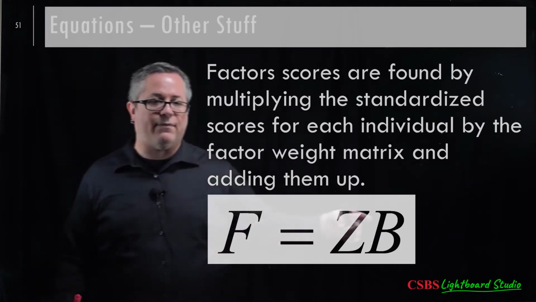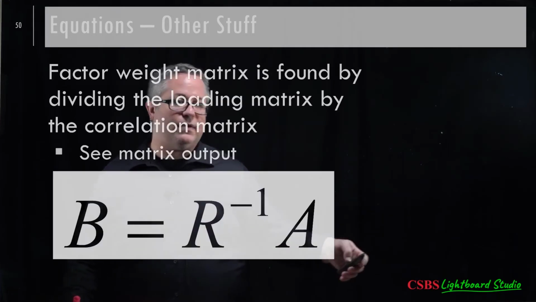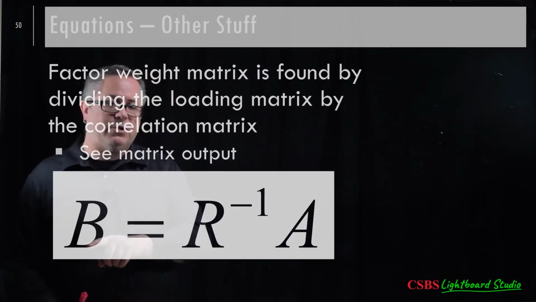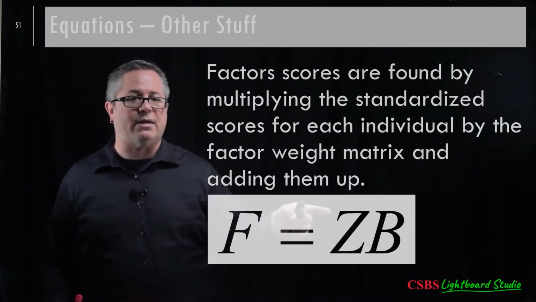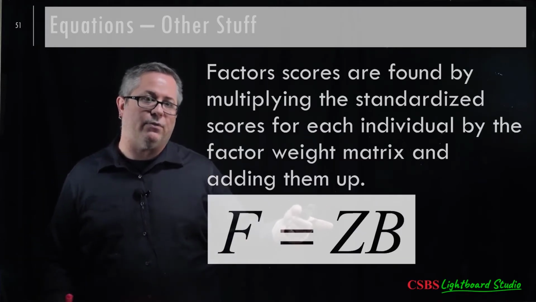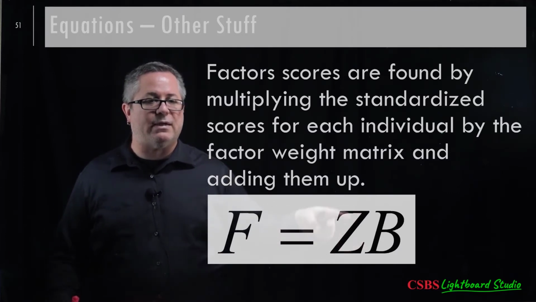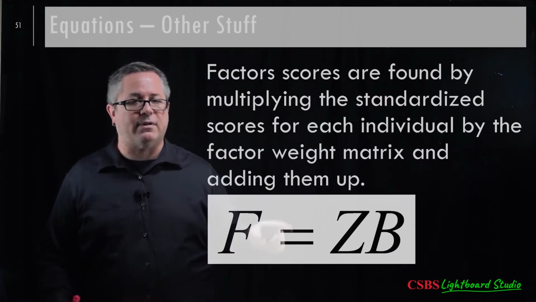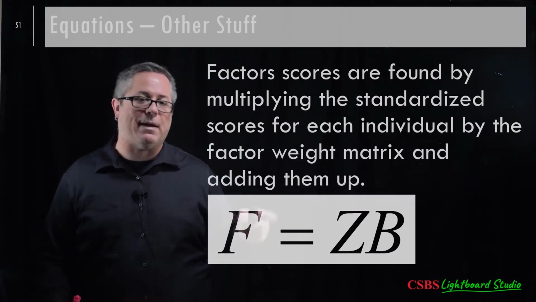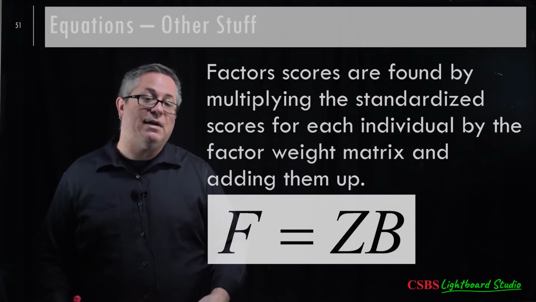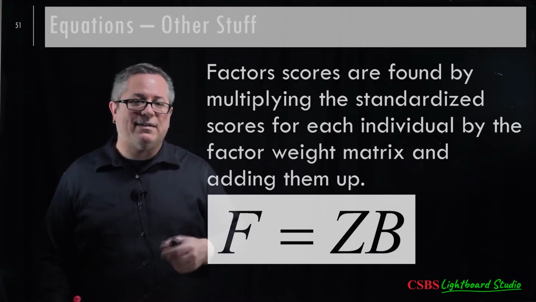We can use the standardized weights to multiply by the standardized variables, not predictors, there are no predictors in this. So this is a matrix of standardized variables: cost, lift, depth, and powder.